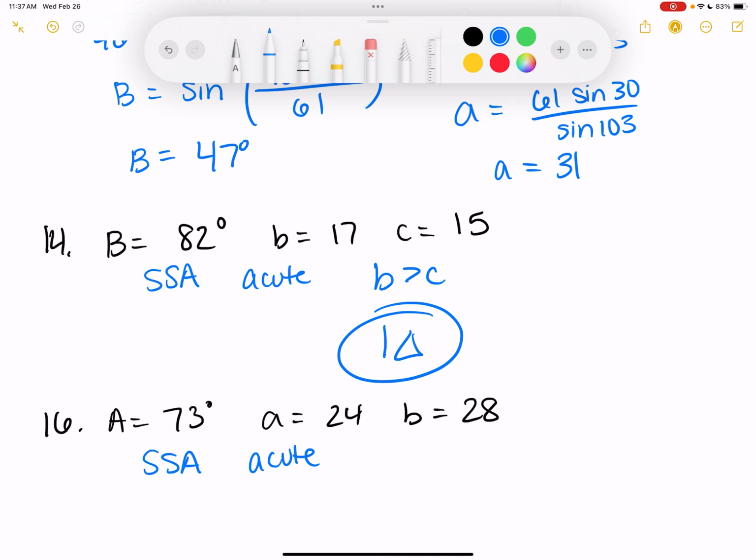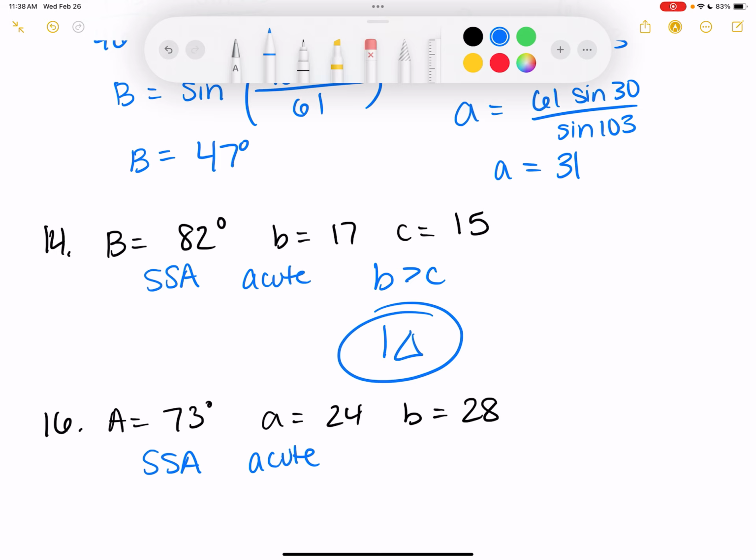So from the chart, what situation am I dealing with? Yep, I need to find H because the only situation where I don't have to find it is if A is greater than B, or greater than or equal to. Obviously, that's not the case.